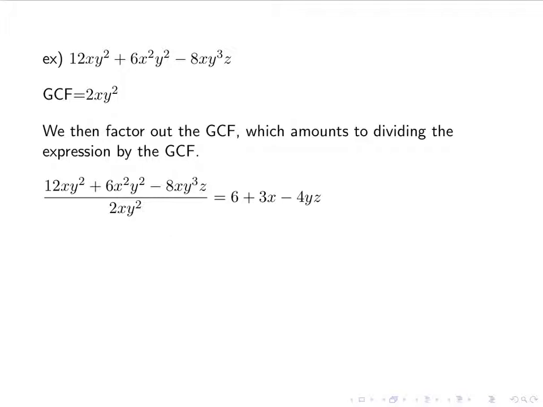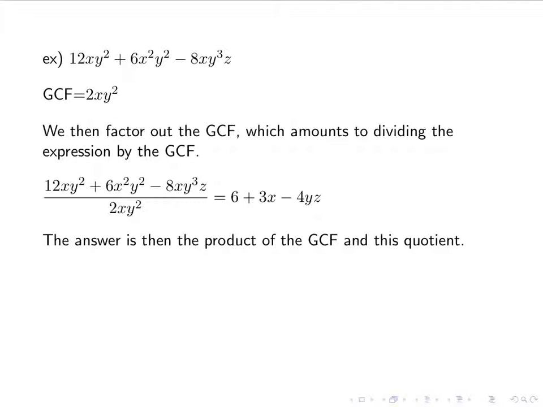So the first term is just a 6. Then I look at my second term. 6 divided by 2 is 3. x squared divided by x is x. y squared divided by y squared is 1. So my second term is 3x. And then my last term, negative 8xy cubed z divided by 2xy squared, will give us negative 4yz.